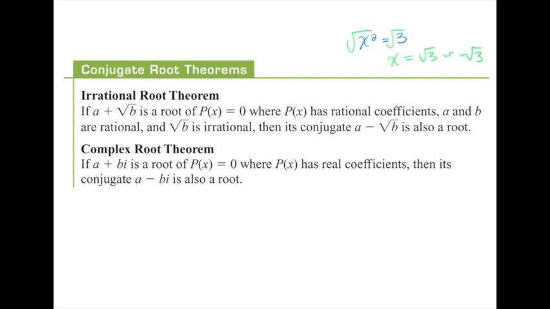The same is true of complex roots. When you have an imaginary root, it will also have a little partner that goes with it, even if they don't tell you. So if I have something like 3i, then I have to have negative 3i as a root as well. Why? Well, that came from the square root of -1. It had to, okay?